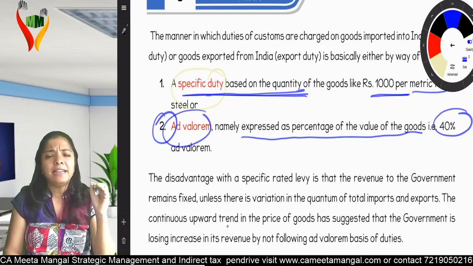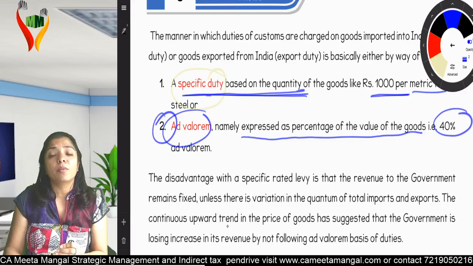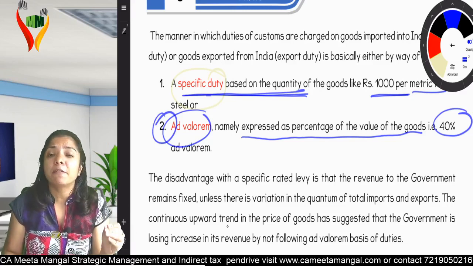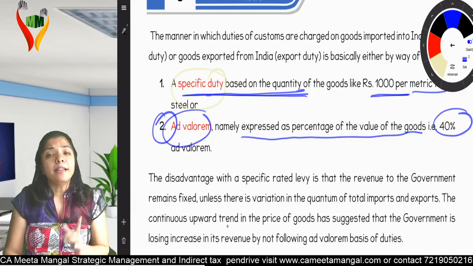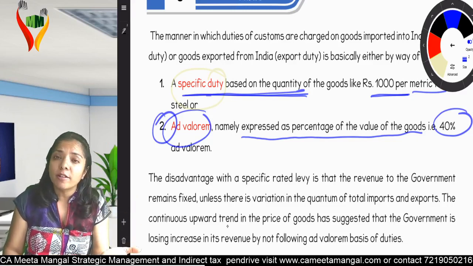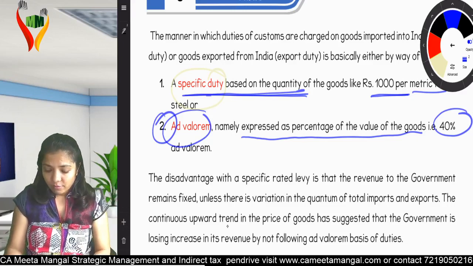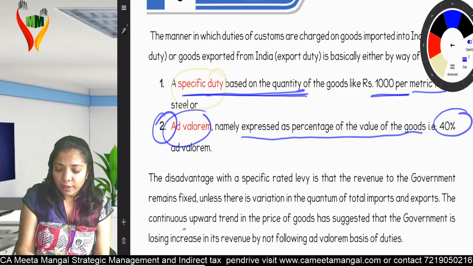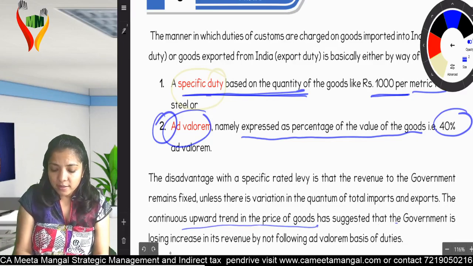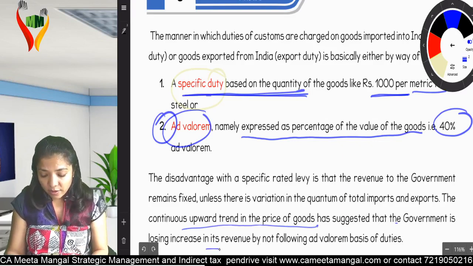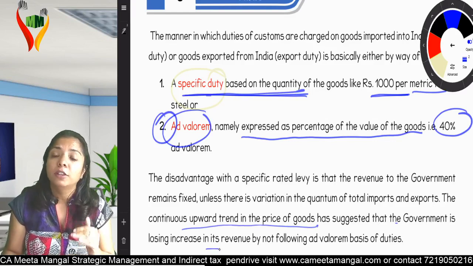Suppose I'm every time importing the same quantity, then my import duty will remain the same irrespective of the value. You are not paying duty on value, you are paying duty on quantity. The continuous upward trend in the price of goods has suggested that the government is losing increase in its revenue by not following ad valorem basis of duties.